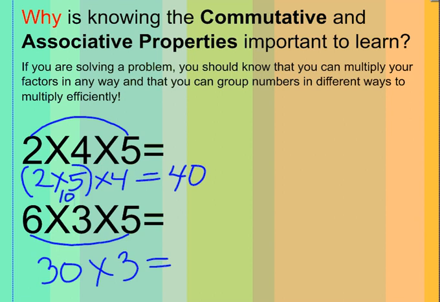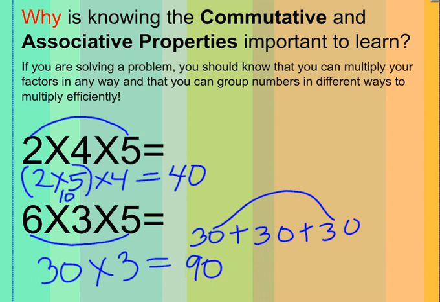I know that 30 times 3, it's a lot easier for me to do repeated addition. 30 plus 30 plus 30. Oh, I can do this in my head, and I know that equals 90. So you can apply these strategies to help you when you're solving problems. And it allows kids to be more flexible in their thinking if they understand the properties of multiplication.